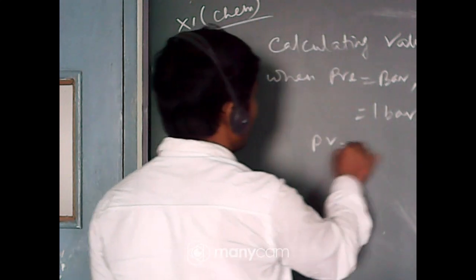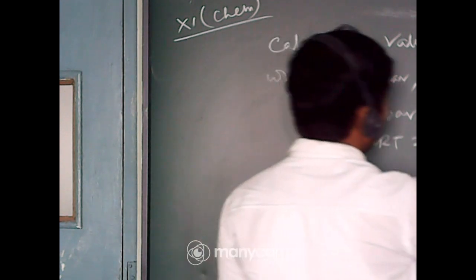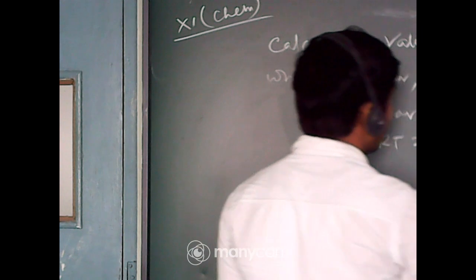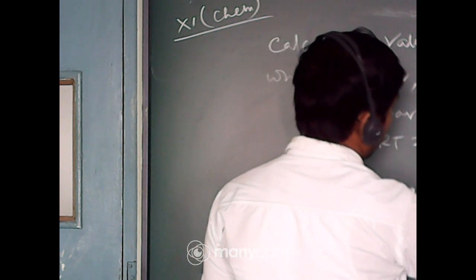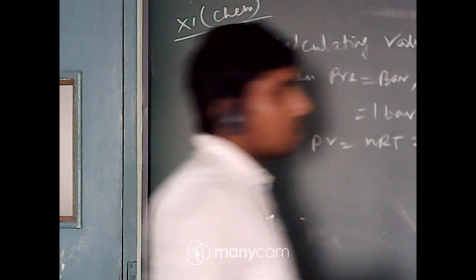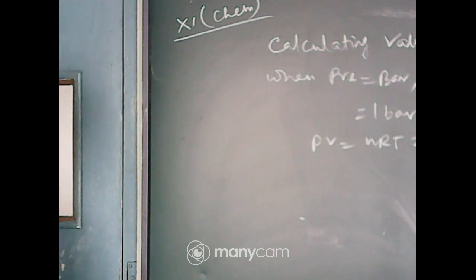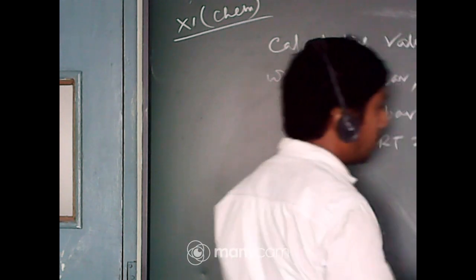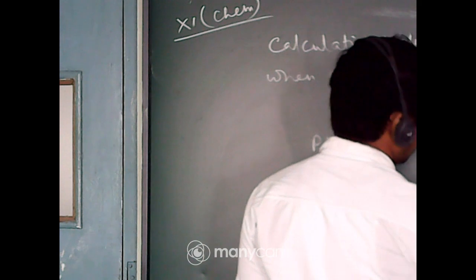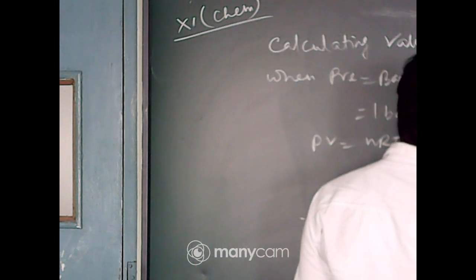Now PV equal to nRT, so R equals PV by nT. P is 1 bar, V is 22.4, n is the number of moles, for 1 mole, and T is the absolute temperature, that is 273 Kelvin. Calculating it, we get 0.082.